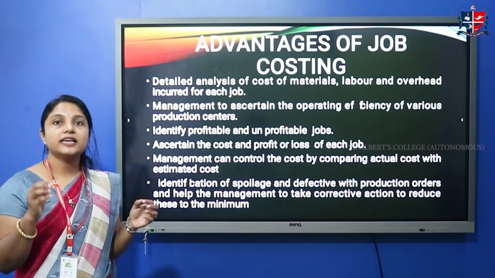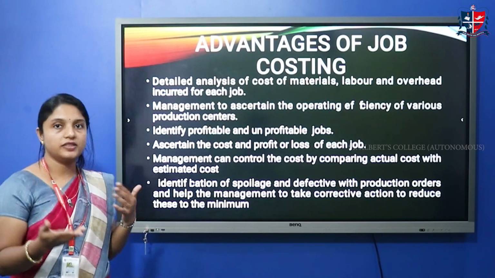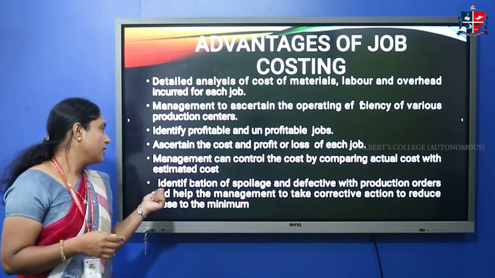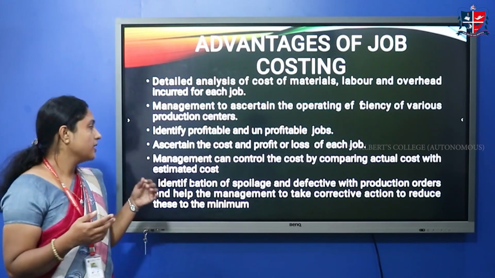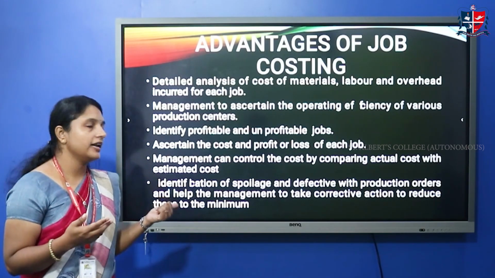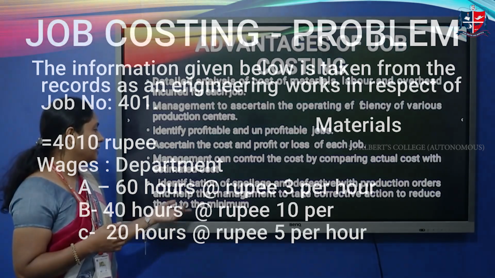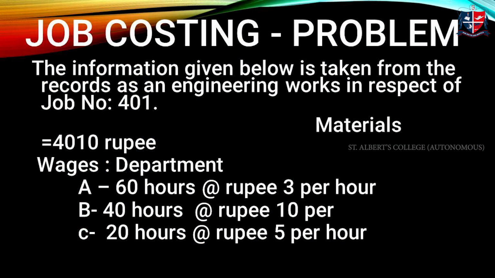Management can control cost by comparing actual cost with estimated cost, and also identify spoilage and defective production orders, and take corrective action to reduce these to the minimum.